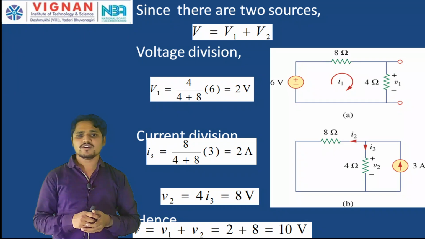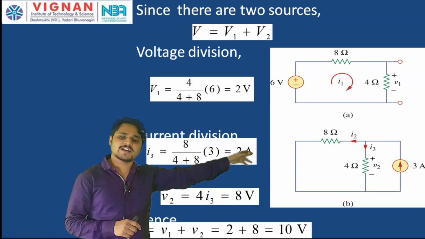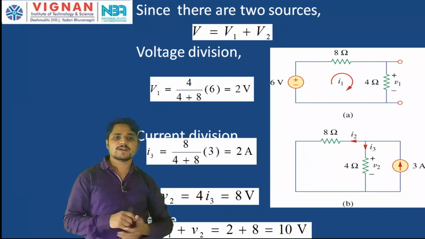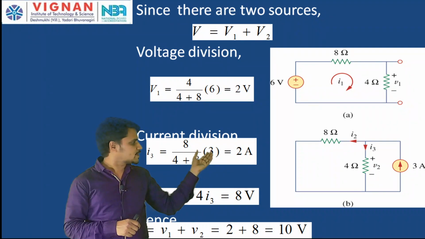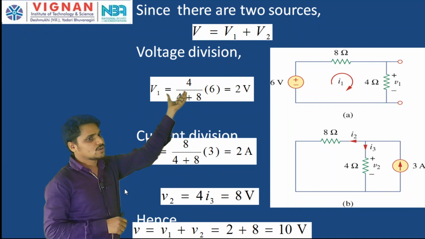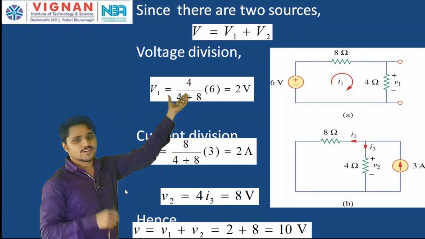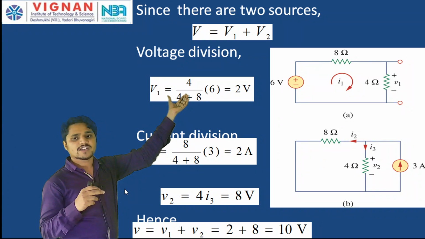Here the 6 volt source, the 8 ohm and the 4 ohm resistors are connected in series. Therefore, we can apply the voltage division principle to find the voltage across the 4 ohm resistor. What is the voltage division principle? The voltage across any series connected element is equal to the total voltage times that resistance divided by the total resistance.